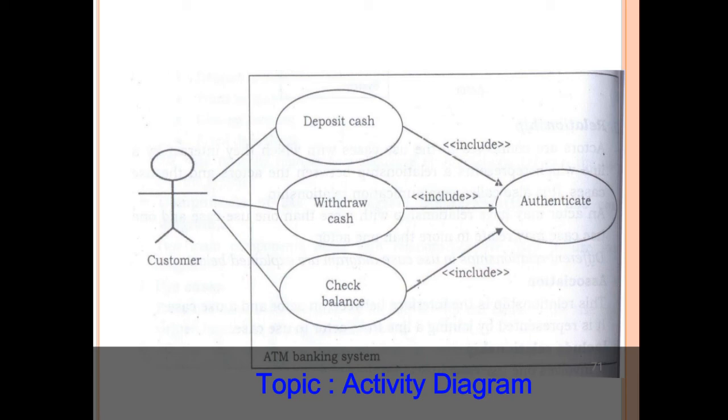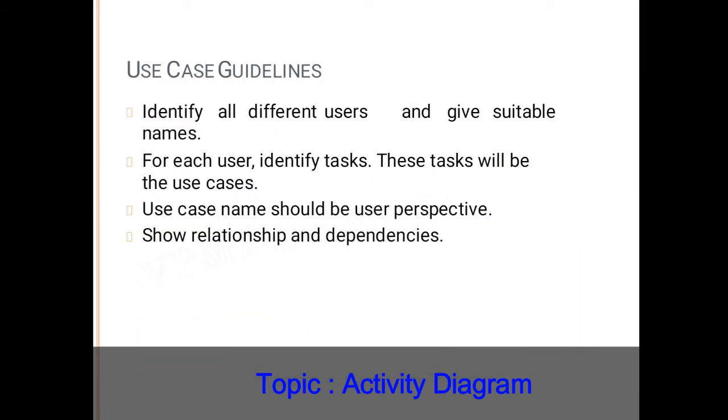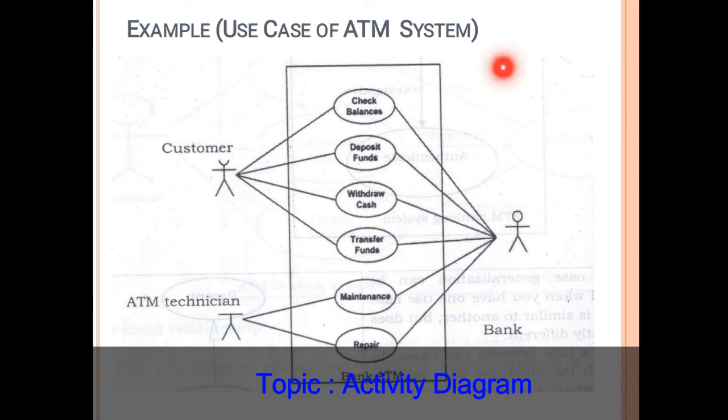That's why a use case diagram is nothing but something that connects the user, or we can also say the customer or employee, with the system. Finally, this is the best example of a use case for the ATM system. This is a customer, here is an ATM technician, and this is a bank.